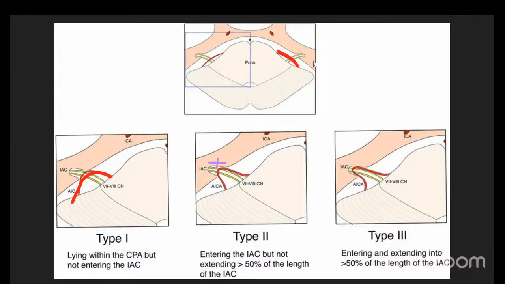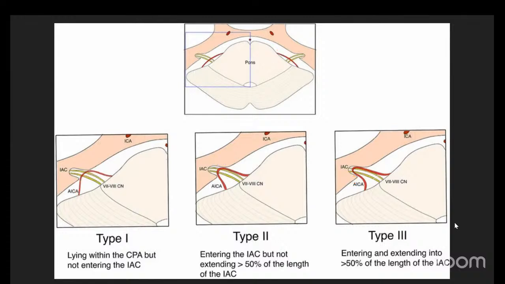What is going to happen is we drill this portion. Let me mark. We are going to drill this portion roughly. When we are drilling this, can you see how easily it is possible to damage AICA here? Clear.